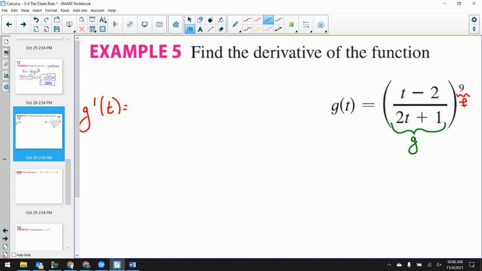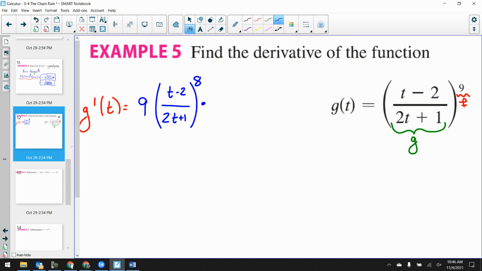Okay, so that means, I don't know why I'm going to switch to blue, but I am, 9 times t minus 2 over 2t plus 1 raised to the 8th, times, what do I have to do to find the derivative of the inner?